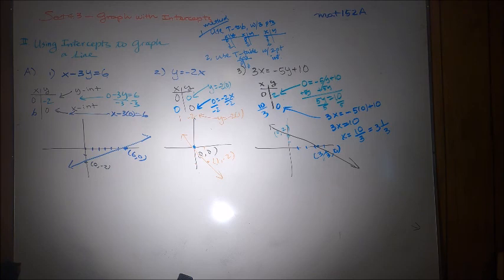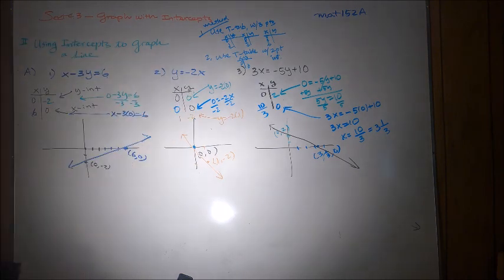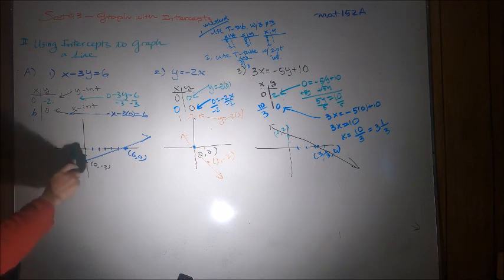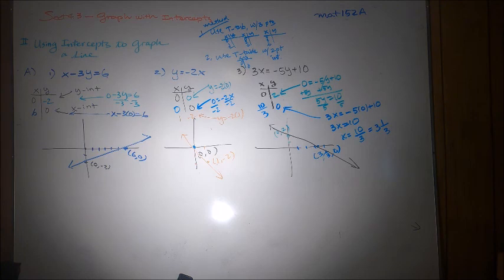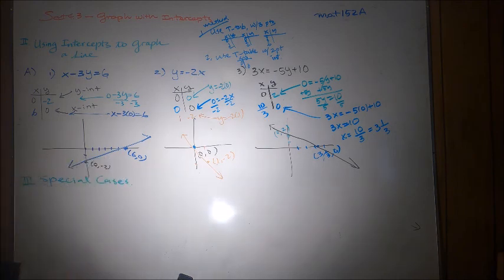So all those examples, you have what? X and Y's, right? So all the points, you will cross the x-axis or y-axis, okay? Then if you look at the next special cases, that will be a little bit different, as you can see.